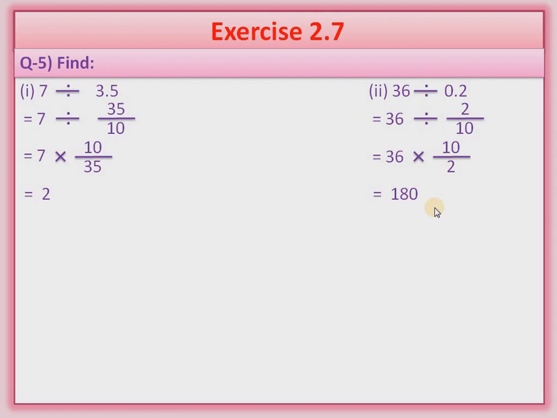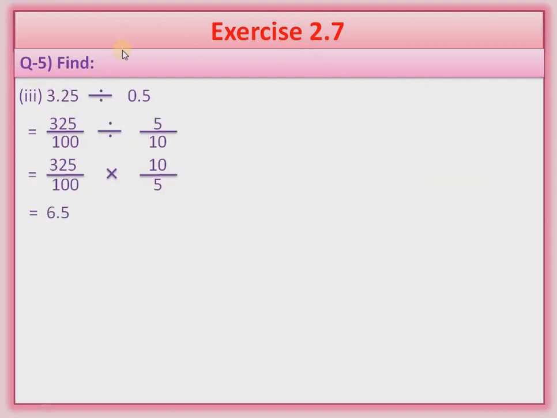Now we will move on to question number 3: 3.25 divided by 0.5. Please observe that both the numbers 3.25 and 0.5 are decimal numbers.